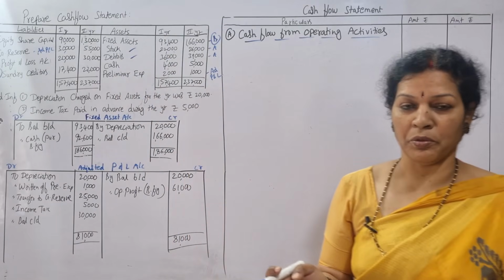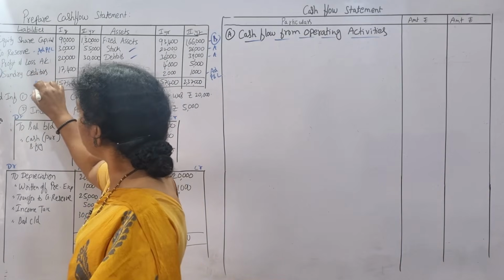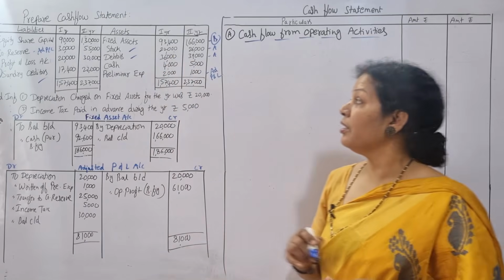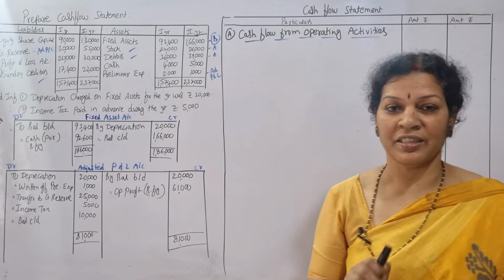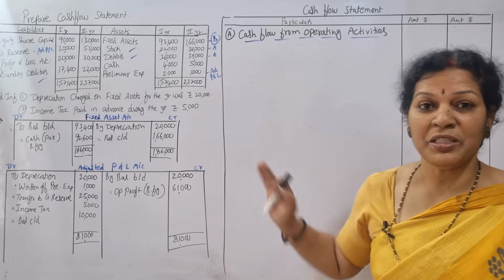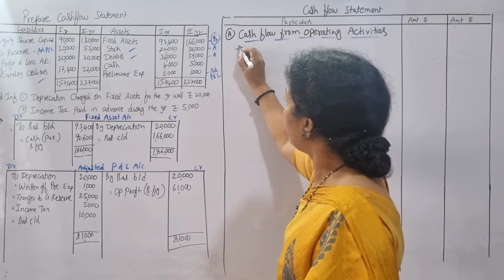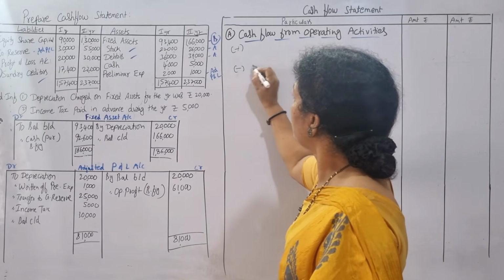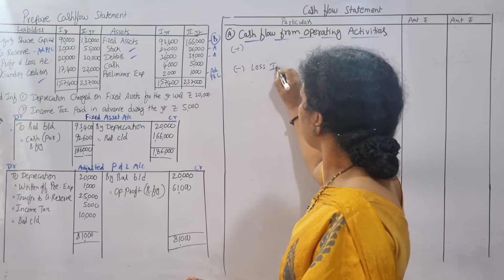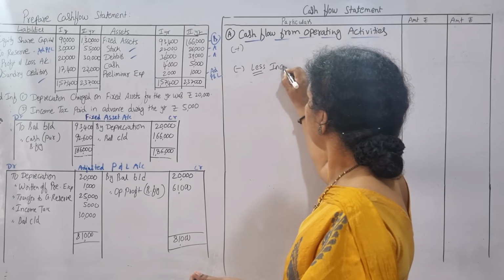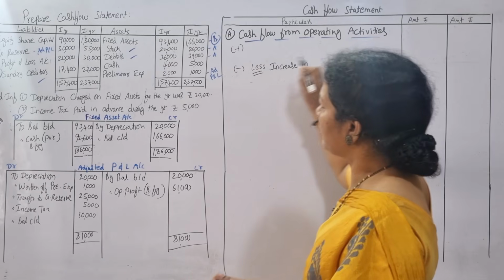Cash will be the opening and closing balances. Here the current liability is creditors. Three items are there. Let's focus first on stock. Stock is increasing. Current asset increasing means minus. Few items we will add, few items we will deduct. Less: increase in current asset, stock.